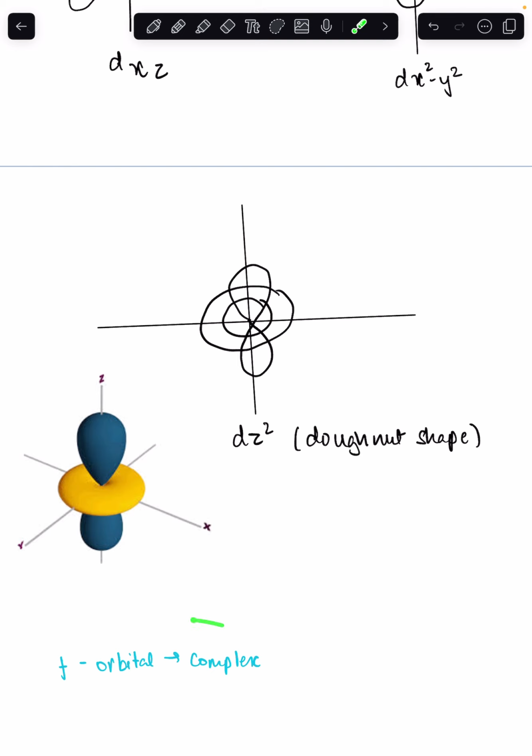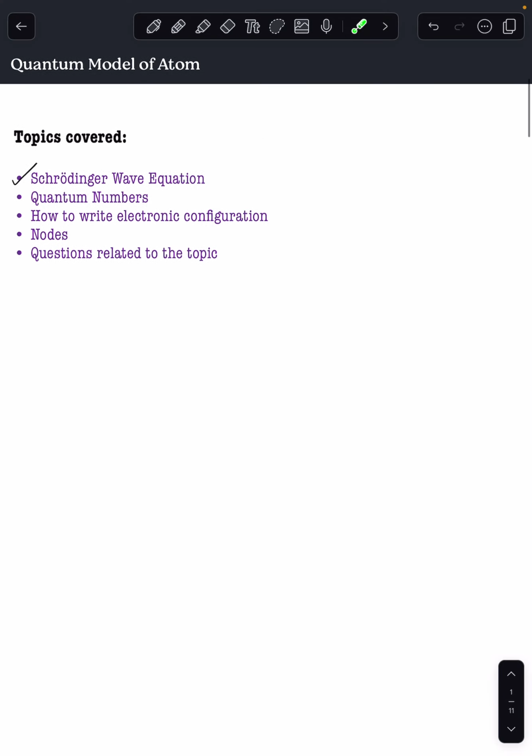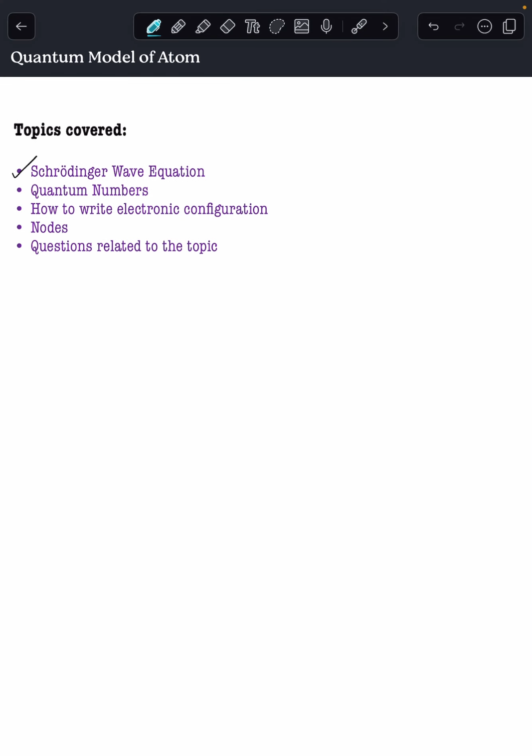Then for the f orbital we have a complex shape, so complex that we haven't been able to really understand it. So this is all about the shape of the orbitals, and we have finally completed the quantum numbers.